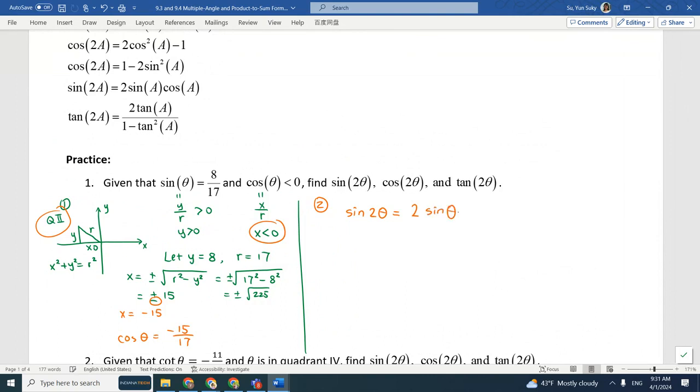So 2 sine theta times cosine theta. And then sine theta is what? 15 over 17. What's cosine theta? Negative 15 over 17. Right, everybody? Put this in your calculator.